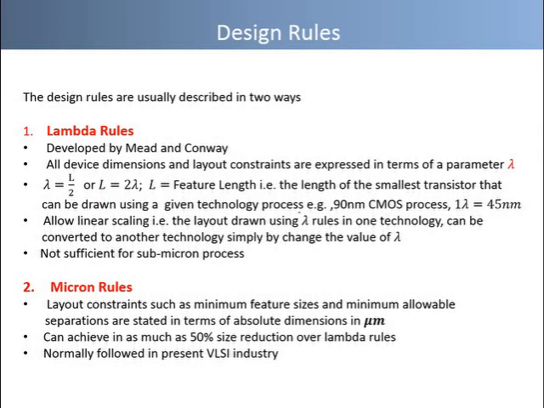For example, considering a 90 nanometer CMOS process, the length of the smallest transistor is nearly equal to 90 nanometer, so 1 lambda is almost equal to 45 nanometer.